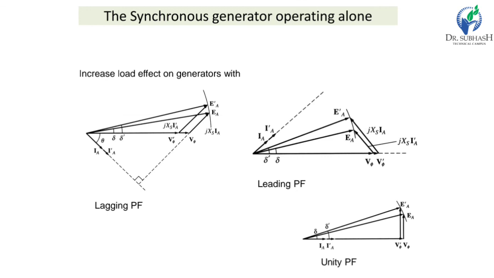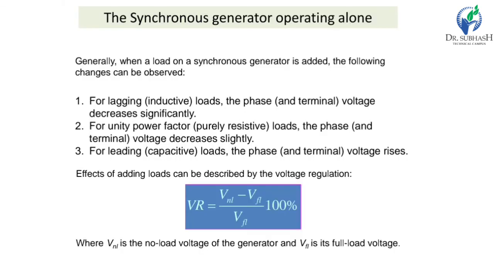In this equation, Vnl is the no load voltage of the generator and Vfl is the rated voltage of the generator. If the synchronous generator is connected with an inductive load, its voltage regulation is highly positive. If the load is resistive, then the voltage regulation is less positive. If the load is capacitive, then the voltage regulation is negative.